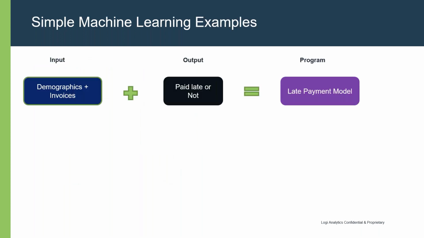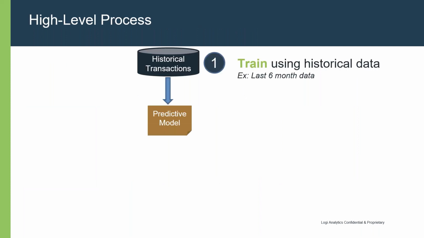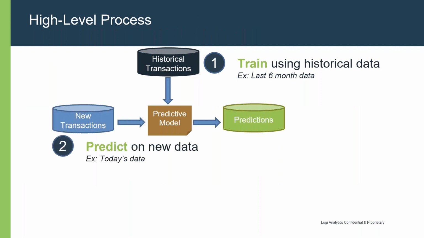Then we talked about two examples. The first example is feeding in demographics data with the information about who paid late and who did not pay late to create the late payment model. And we talked about the transactions model. Lastly, we talked about the process, where we feed in 6 months of historical data to create the model, and then create the actual predictions.